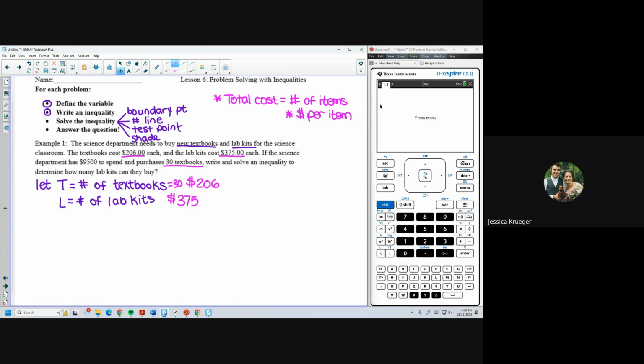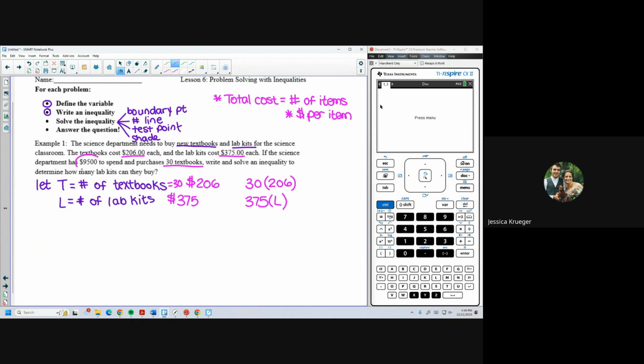So if I buy 30 textbooks, that's going to be 30 times 206, or 206 times 30. If I buy L lab kits, that's going to be 375 times L.